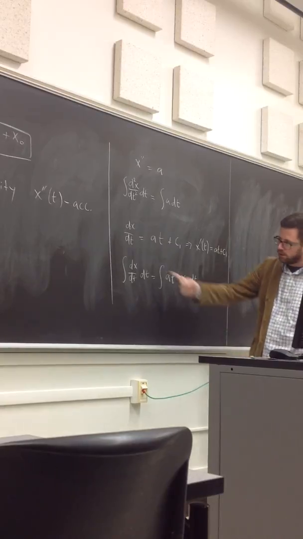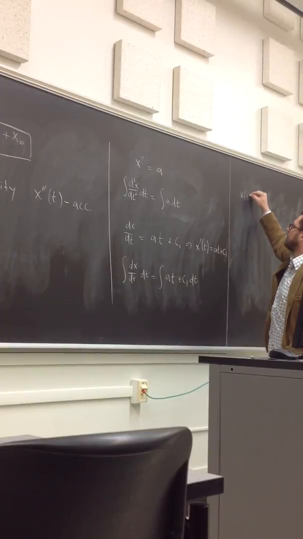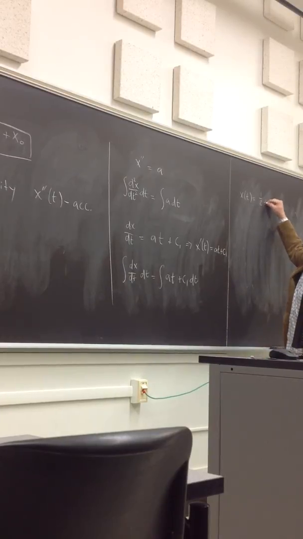Okay, so the integral of the derivative is the function, so the left-hand side is x of t. What is the integral of at? 1/2 at squared. Integral of c1, c1t.